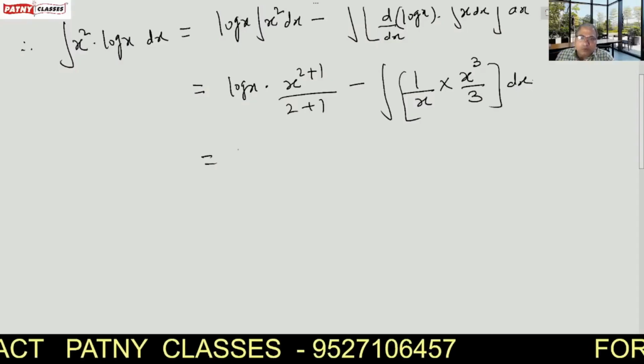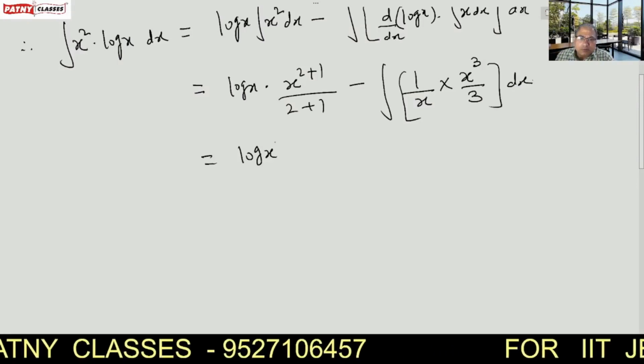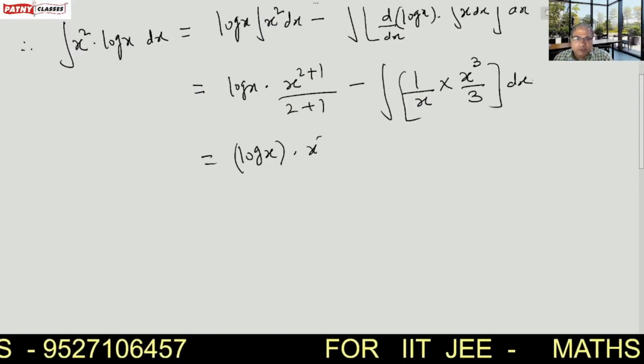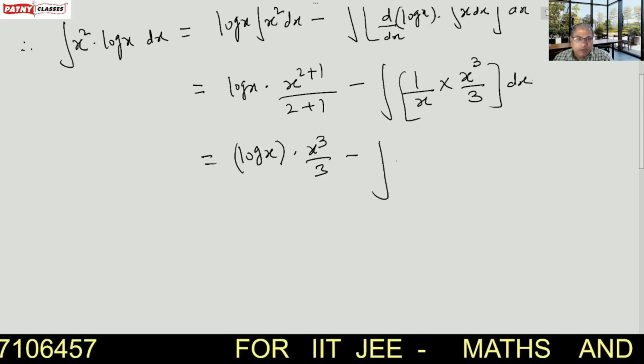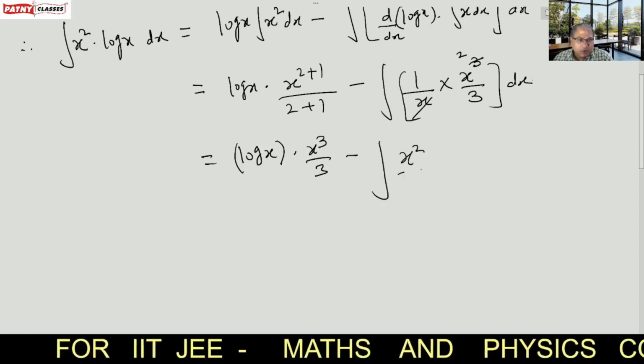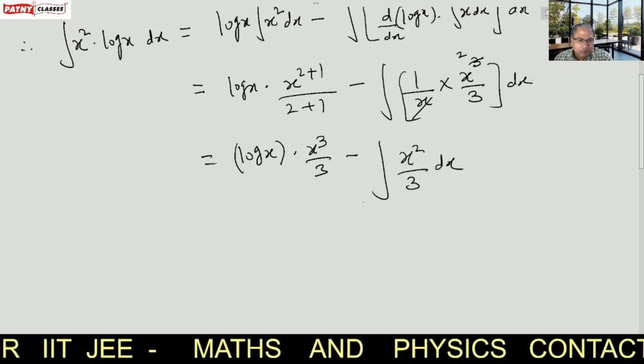This equals log x into x cube upon 3 minus integration of, this x and this x cut down, x square by 3 with respect to x.